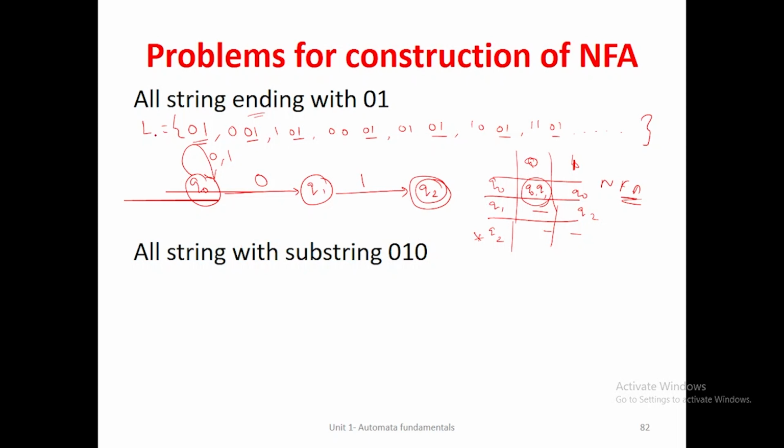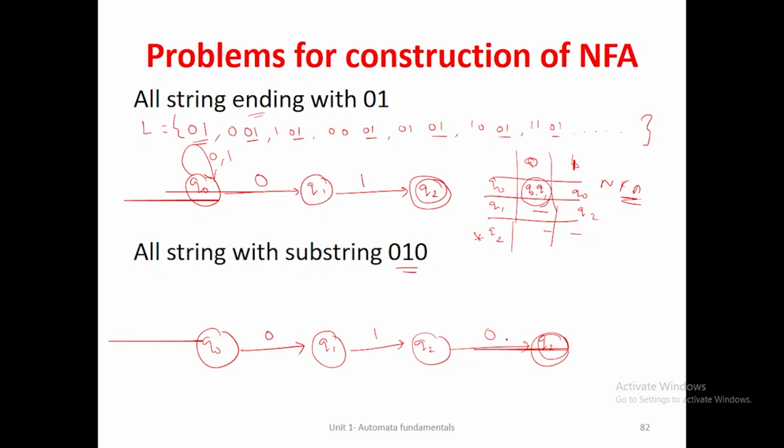Okay. Then the second problem: all strings with substring 0, 1, 0. So how many possible states are there? Length 3 means there may be the possibility of 4 states. So you first draw 0, 1, 0. There are no intermediate symbols between 0, 1, 0.